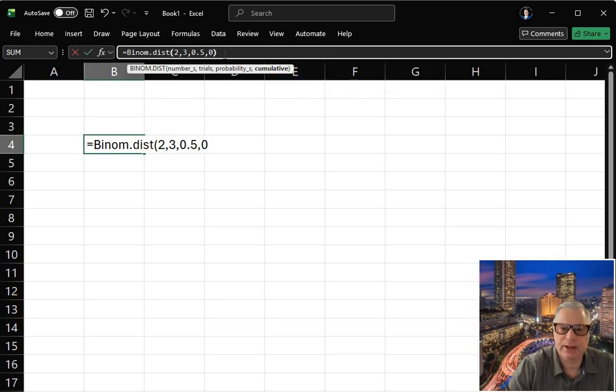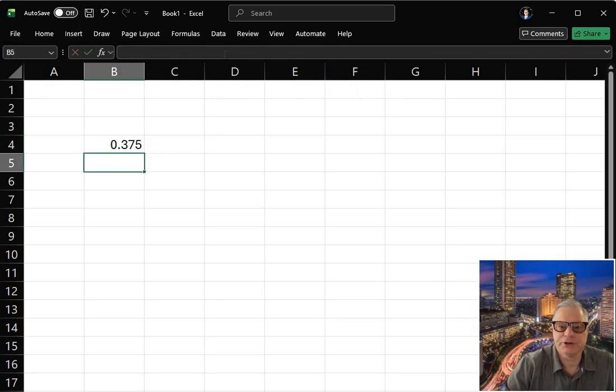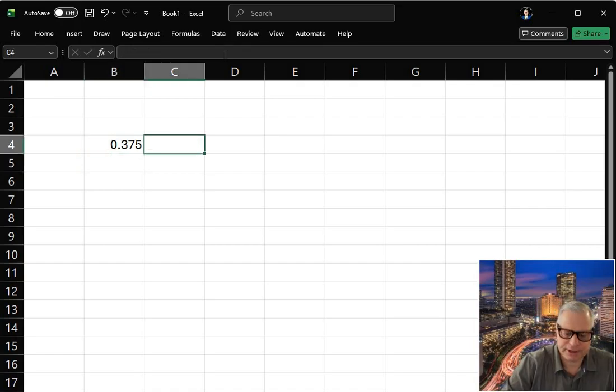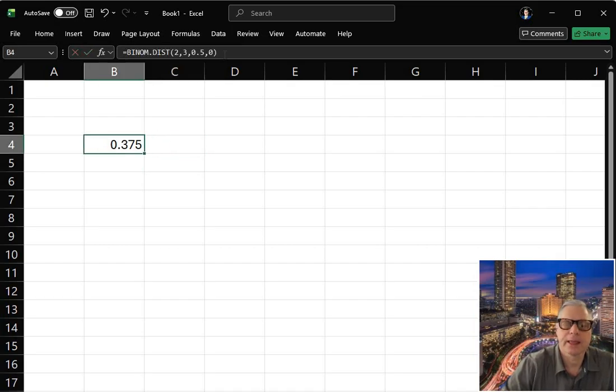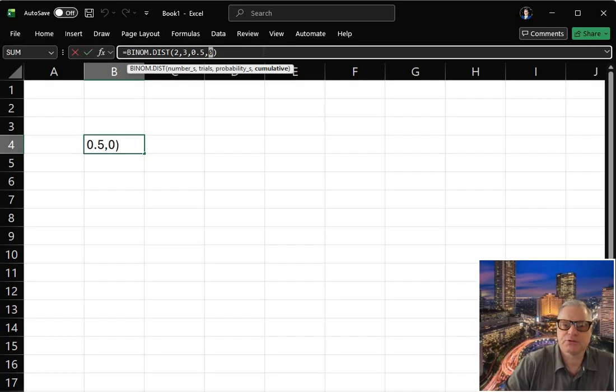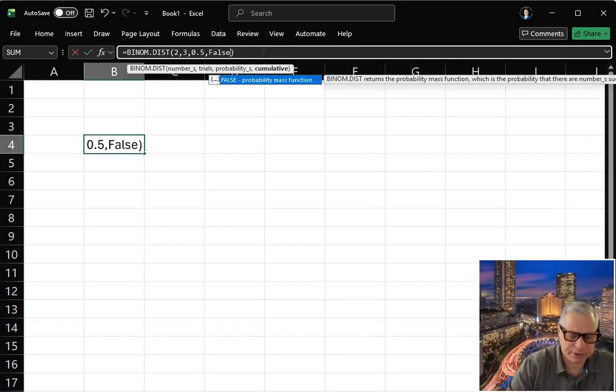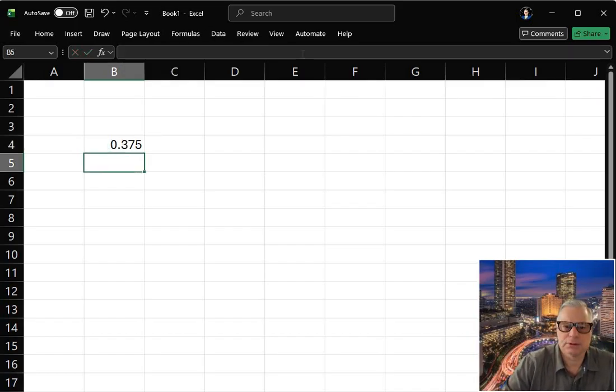So I can write it like this, and now we should get 3/8, which is 0.375. So that is exactly getting 2 girls if you have 3 children, 37.5%. And you see, instead of a 0, I could have written false. It's the same thing.